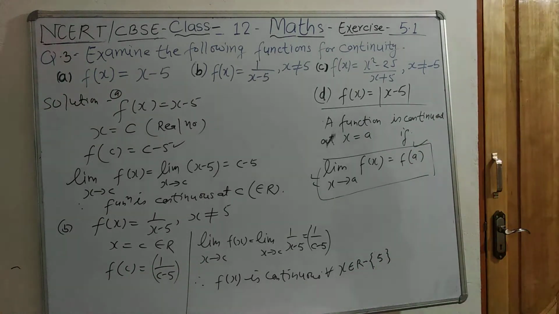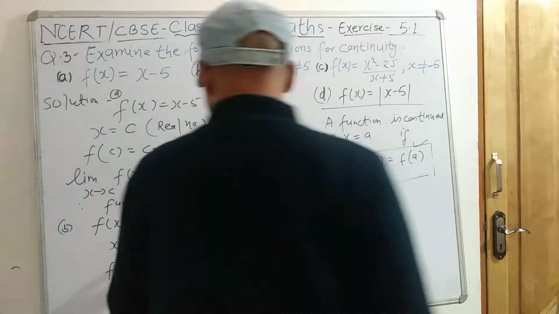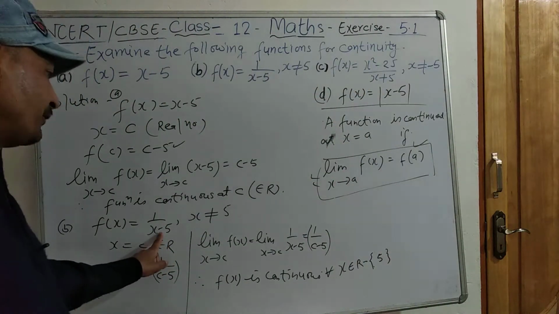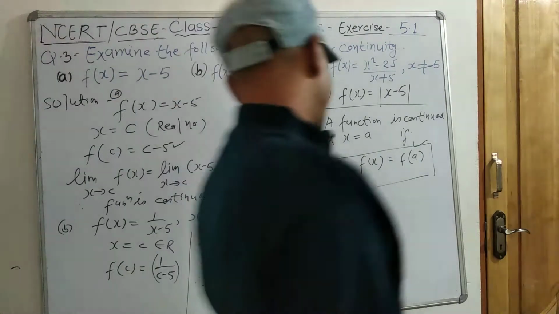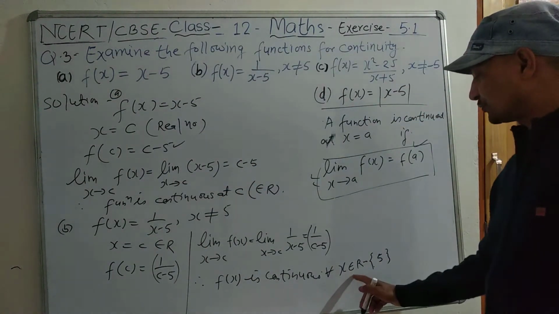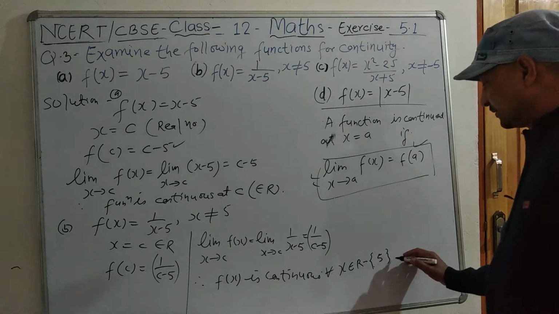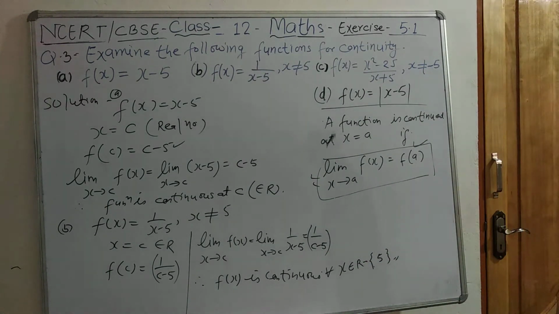We should write the answer like this, because for x is equal to 5 it is not defined, so f(x) is continuous for each and every number except 5. So x belongs to R minus 5. This is the answer of part B.